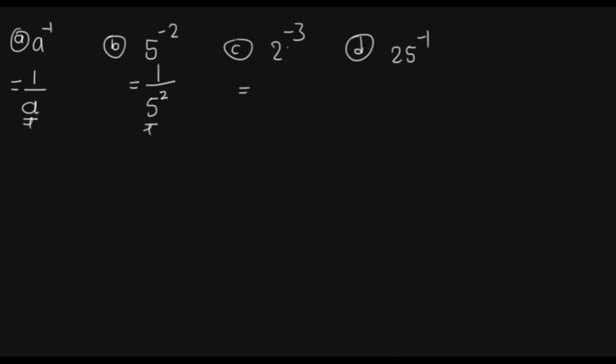This one will be 1 over (1 over 2) raised to the power 3. Then this one will be 1 over 25 raised to the power positive 1. So this is how you can simplify expressions with negative index.